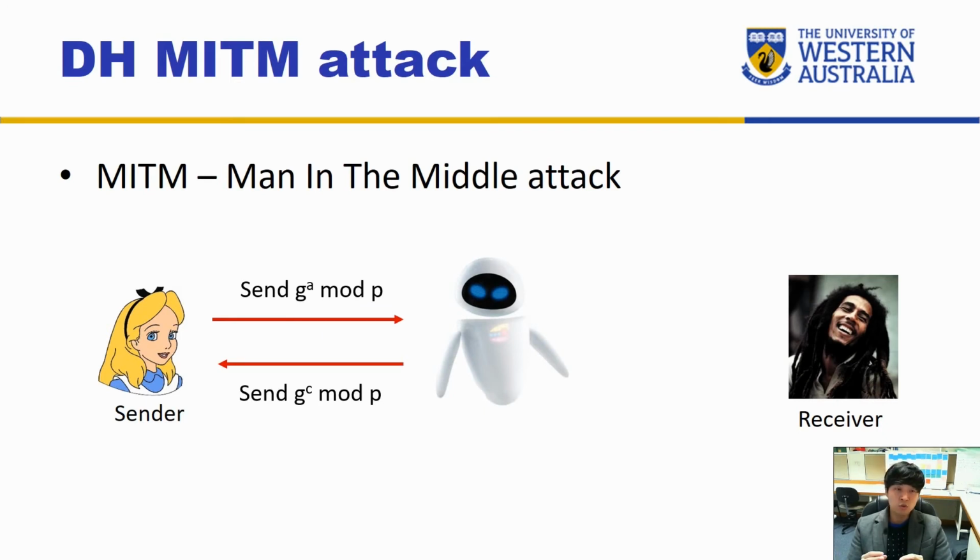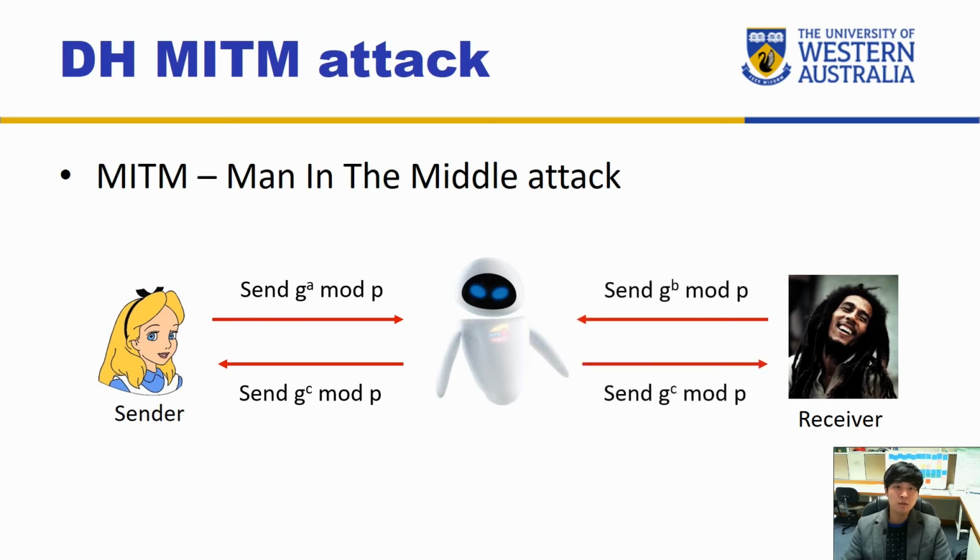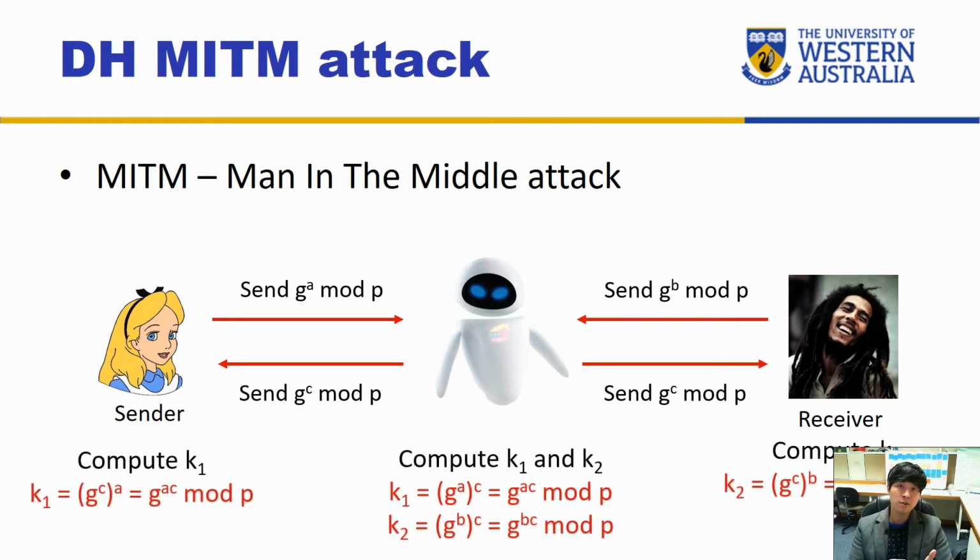Eve is going to give Alice her own credential by using value C. Okay. Similarly, Bob was expecting some value to come over. Instead, Eve is going to send her own value, g to the power of C, to Bob. Okay. Then at this point, what is happening is Eve has established a connection with Alice and separately with Bob.